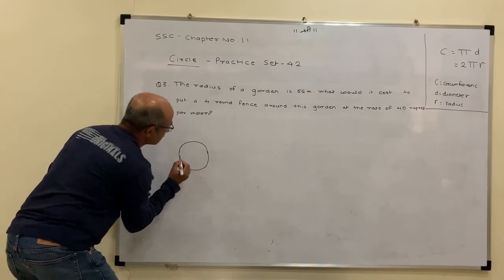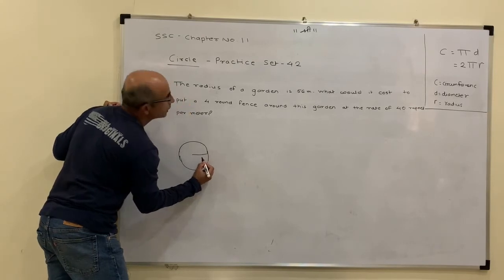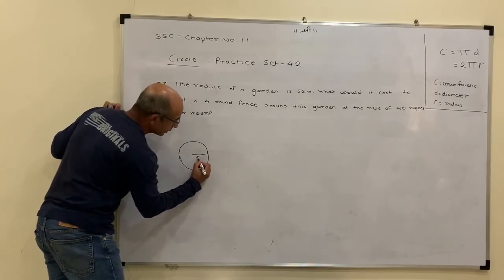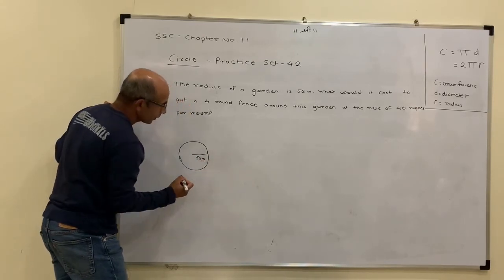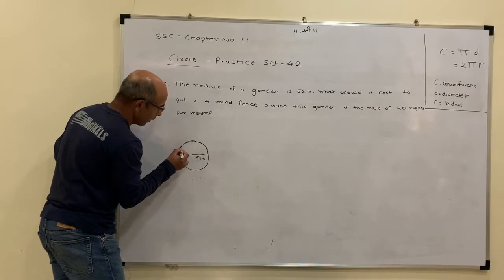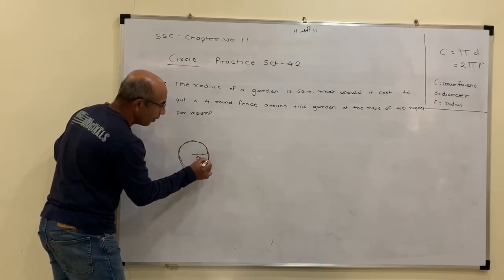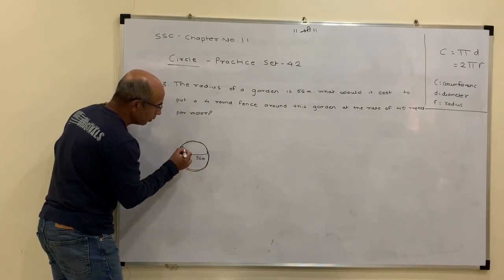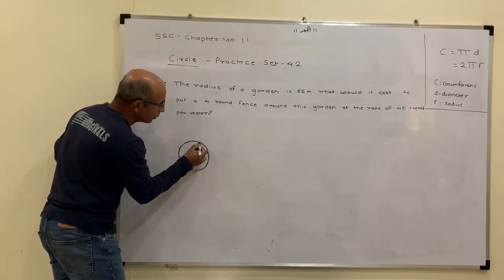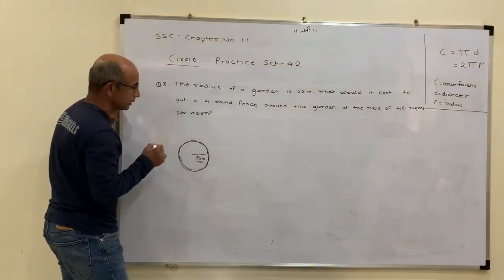The radius they have given is 56 meters. From the 56 meter radius, we'll find the circumference of the garden. The circumference of the garden is the boundary of the garden. So we will come to know the circumference using this radius.